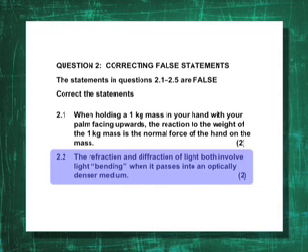All right, let's take a look now at the second question. 2.2, the refraction and diffraction of light both involve light bending when it passes into an optically denser medium. Well, that is incorrect because diffraction is about, if you like, a bending of the light around an obstacle, around a barrier, through a narrow gap.